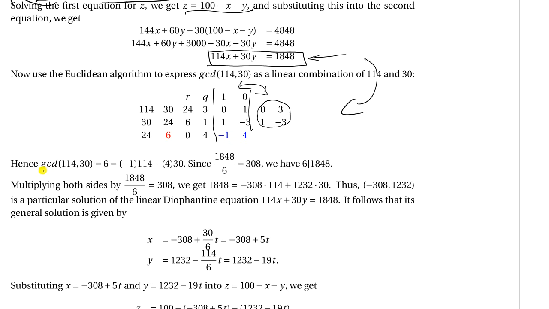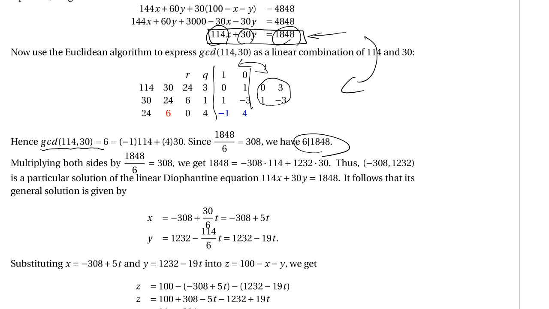So it turns out that the greatest common divisor of those two coefficients is 6, and 6 is a divisor of 1848, which means yes, we have a solution. Okay, and from this one, we got those answers, right? Of course, right now, yeah, -1 cannot be the solution for x, right?